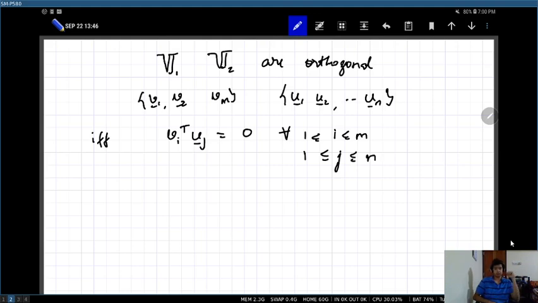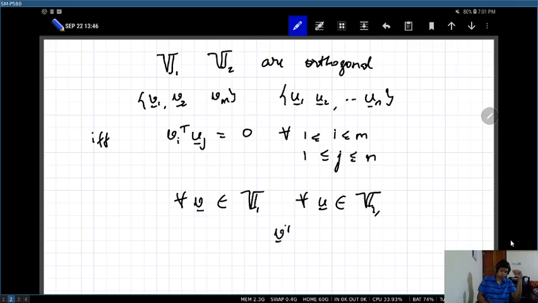And I leave it to you as an exercise to show that if the basis vectors are all orthogonal to each other, then the spaces are also orthogonal to each other. So basically what you need to show is that not just for the basis vectors, for all v in V1 and for all u in V2, v transpose u is also equal to 0.